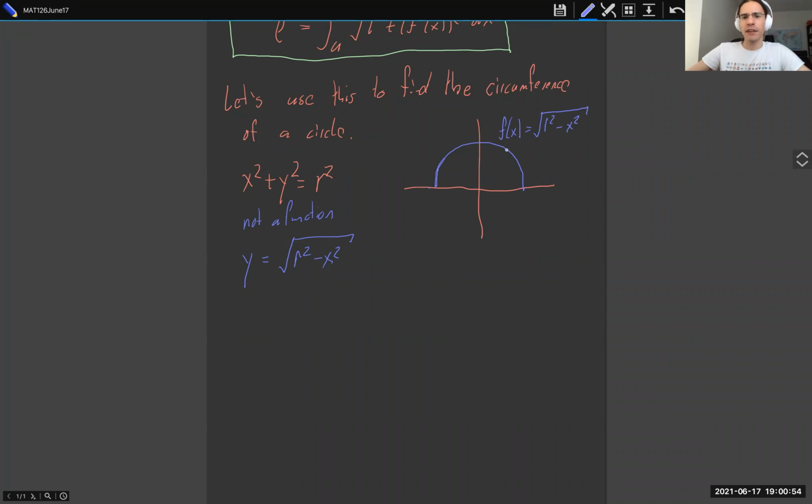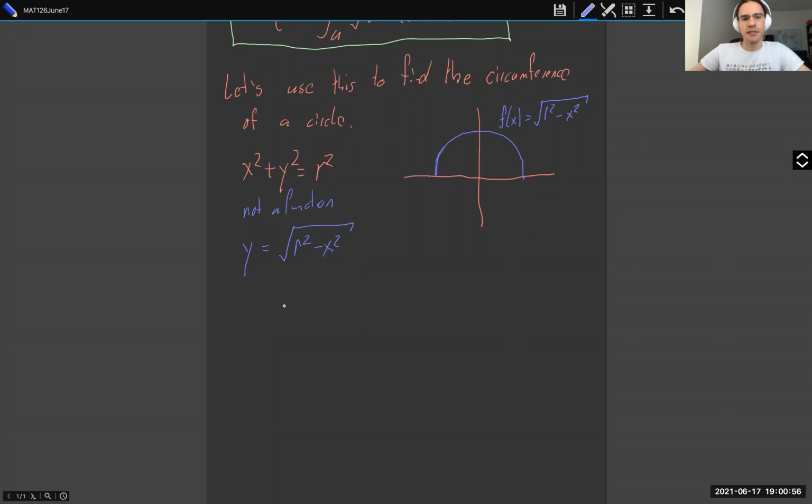We'll find the arc length of this function f.